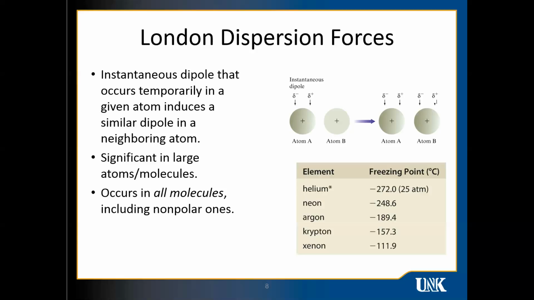Now, this becomes more significant in larger atoms and molecules. London dispersion forces are less in smaller atoms because it's tougher to get that uneven distribution. If an atom has a large number of electrons, it's easier to have an uneven distribution. It just takes one or two electrons to shift over to one side to create some attractive London forces.